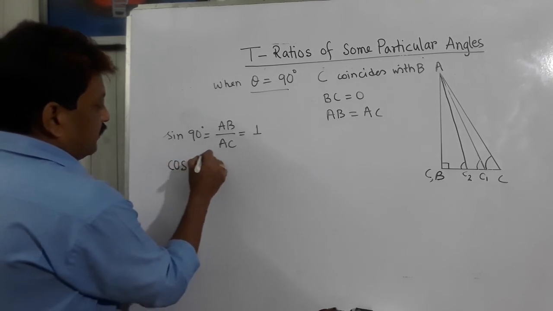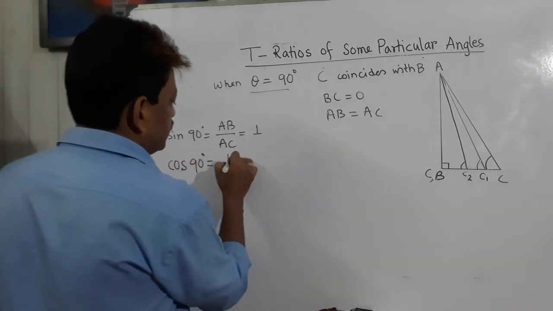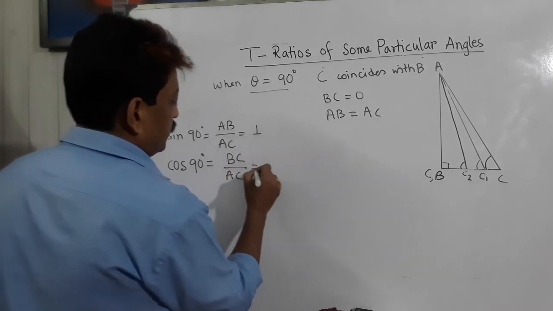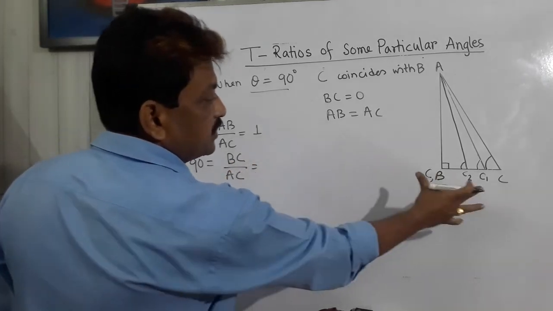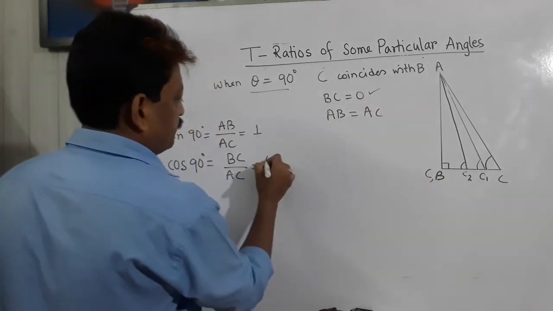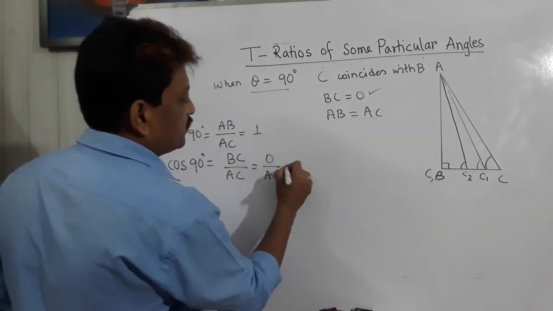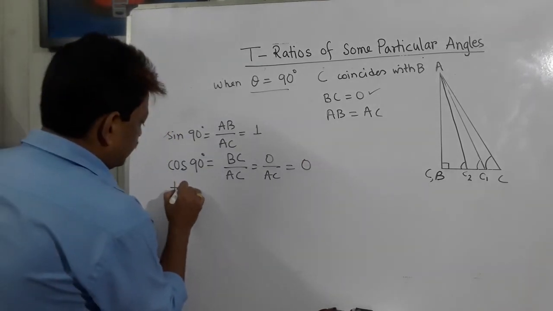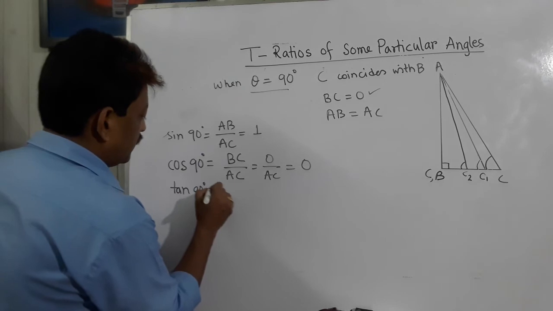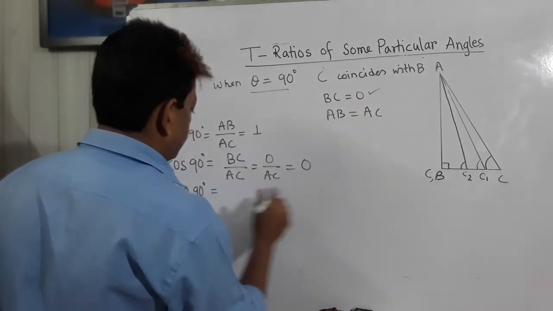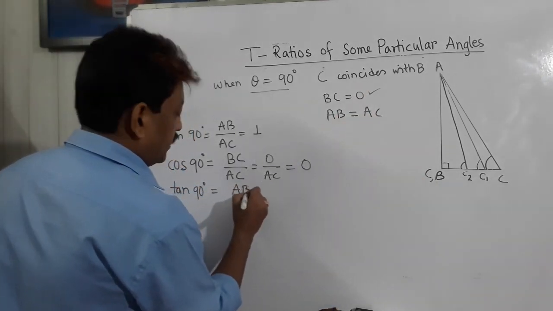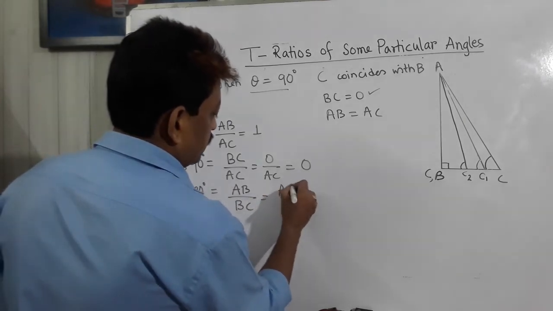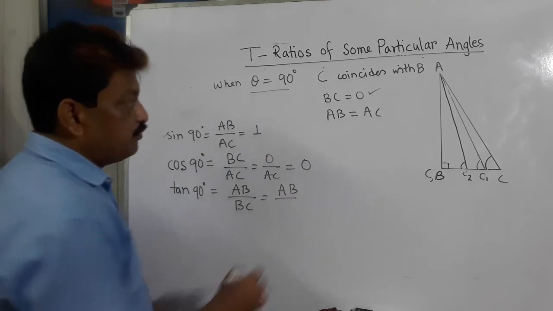Cos 90 degree. Cos is base upon hypotenuse. Base is BC, hypotenuse is AC. Here BC is 0. Therefore 0 upon AC means 0. So cos 90 is 0. And tan 90. Tan is perpendicular upon the base. Perpendicular is AB and base is BC. BC is 0.